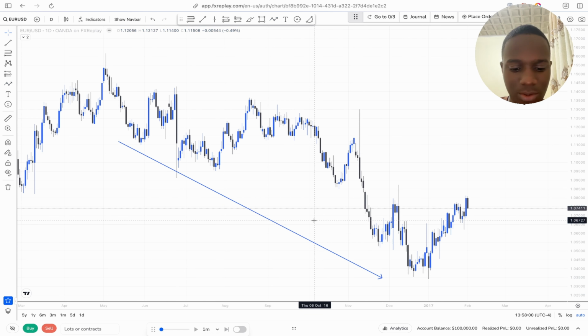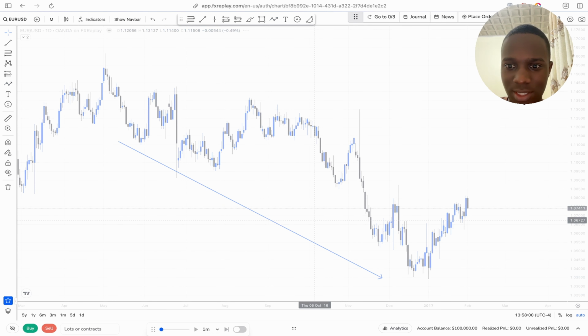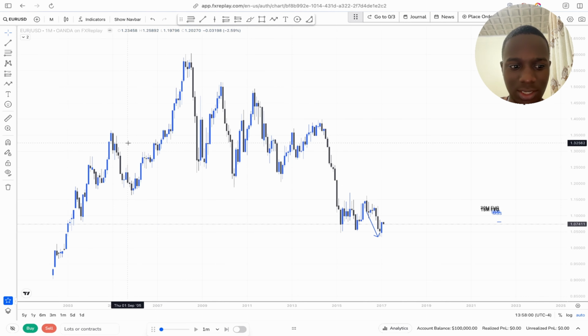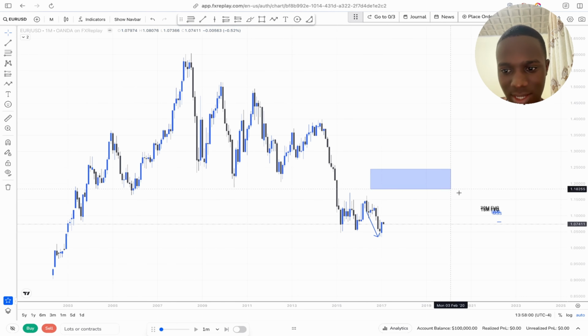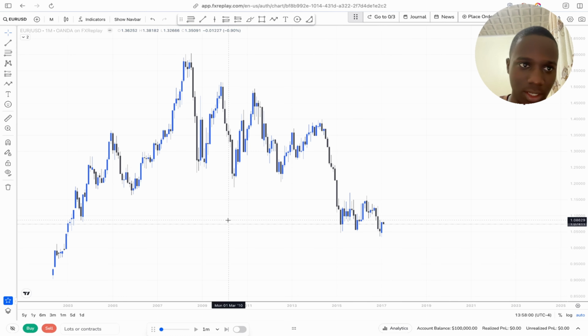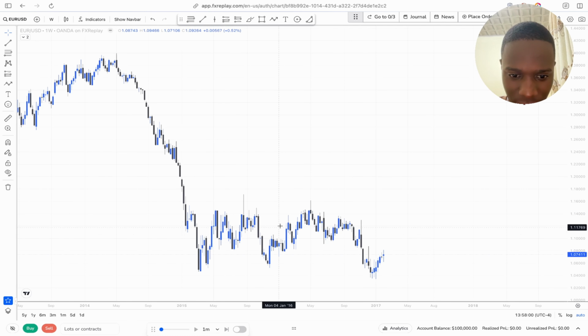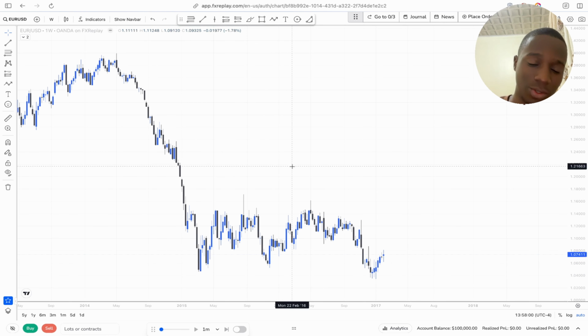But let's go on the monthly time frame and see the overall picture. The overall picture shows an initial uptrend, then a fall down, so we are currently in this zone right here. When we go to the 1 week, we can see some consolidation, some liquidity swept below these lows, and going higher will be a possibility after taking out these relatively equal lows in the weekly time frame.